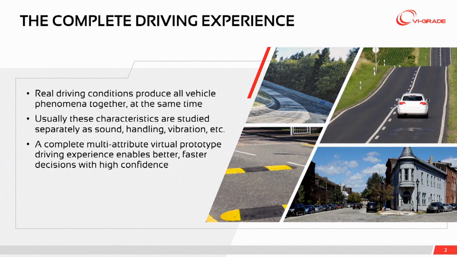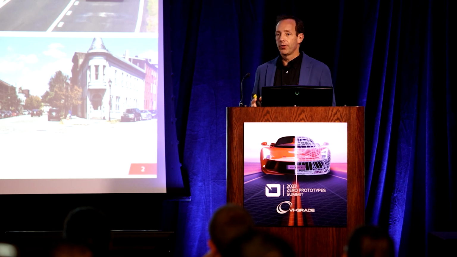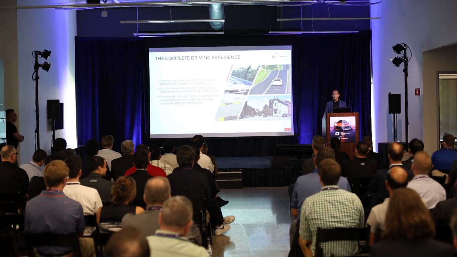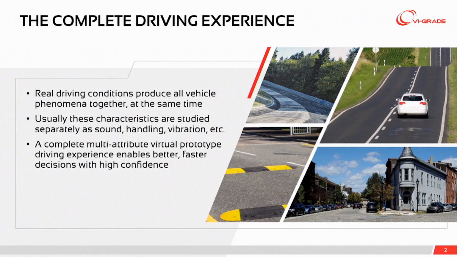But it's not just about how the car handles or rides or what it sounds like or what it feels like independently. It's all these things together. So ideally, you'd want to experience all those different aspects of the vehicle simultaneously while you're driving your virtual prototype. Ultimately, the goal is to make better design decisions faster with confidence, the confidence that those decisions are correct.